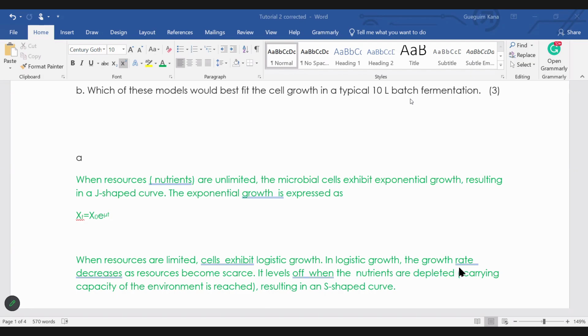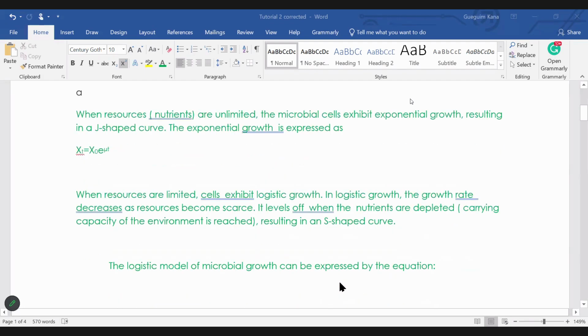And in the logistic growth, the growth rate will decrease as the resources become scarce. That is, when there is a depletion of resources. And eventually, it levels off when the nutrients are depleted and the carrying capacity is reached. And that shows a kind of S-curve with the deceleration and the stationary phase.